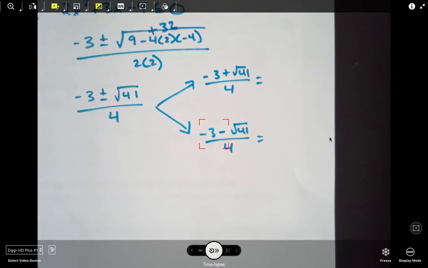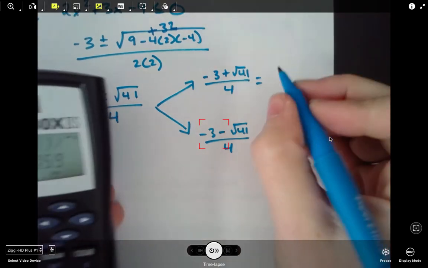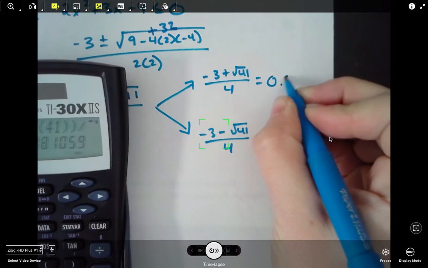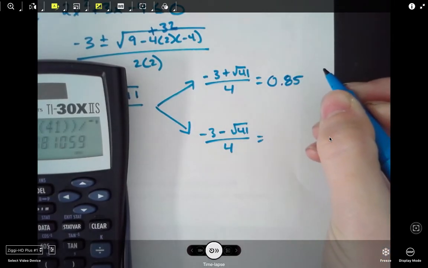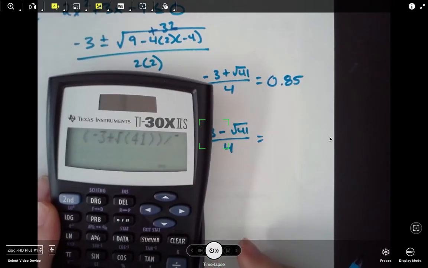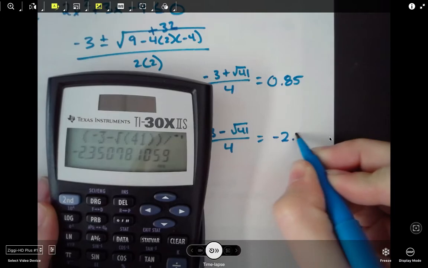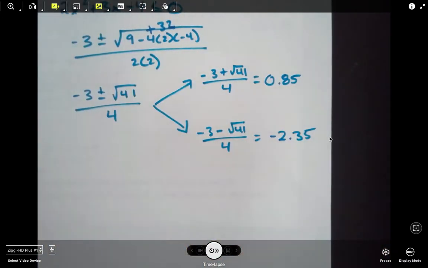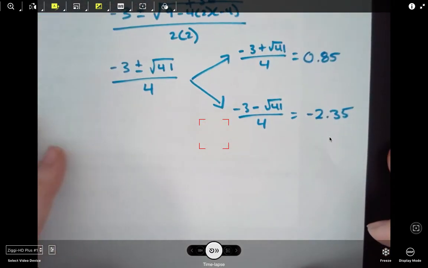Negative 3 plus the square root of 41 divided by 4. 0.85. Did somebody do that already? Yeah? Yeah, that's what you got? Okay, and I'm just going to go up to my calculator. I can go up, change that to a minus, enter. Negative 2.35. Okay. Now we have our two answers.